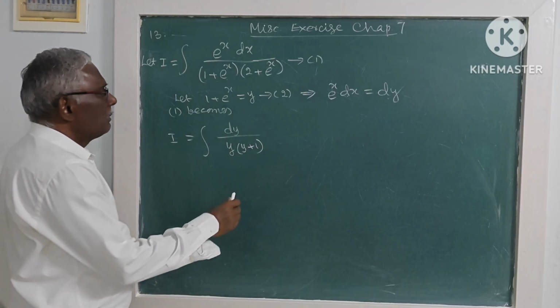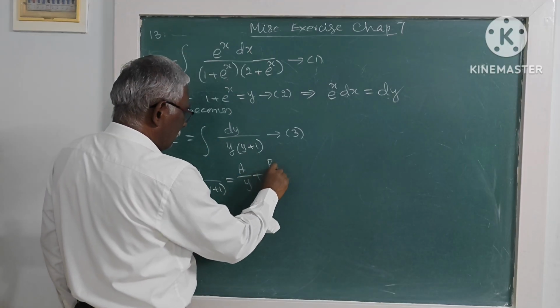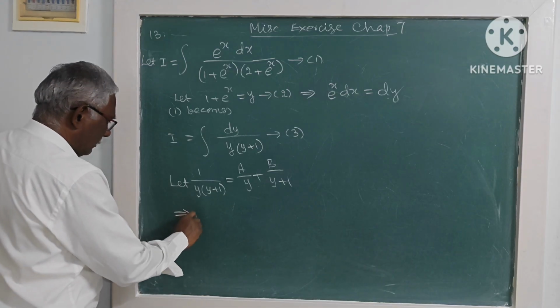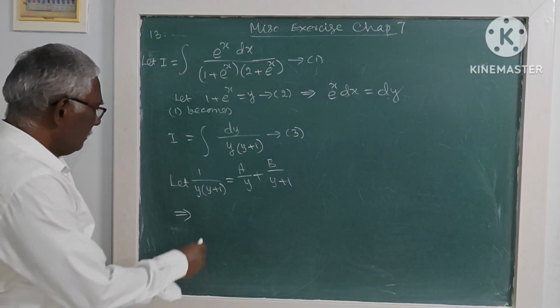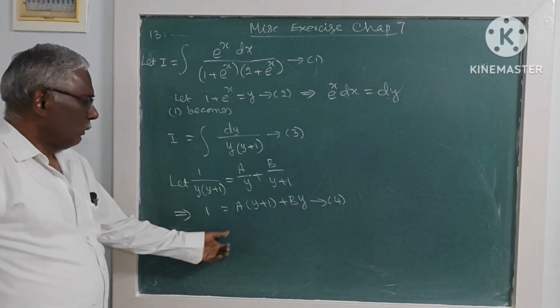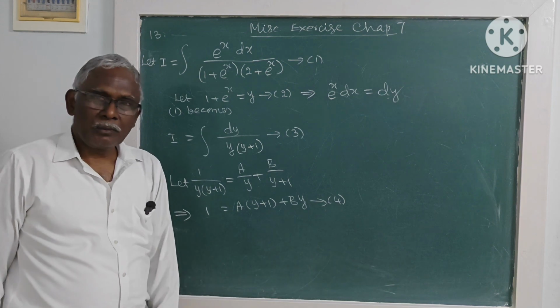We can go for partial fractions. On multiplying both sides by y into y plus 1, we'll get 1 equal to a(y plus 1) plus b y. Now put y as 0 and then y as minus 1 to get the values of a and b.